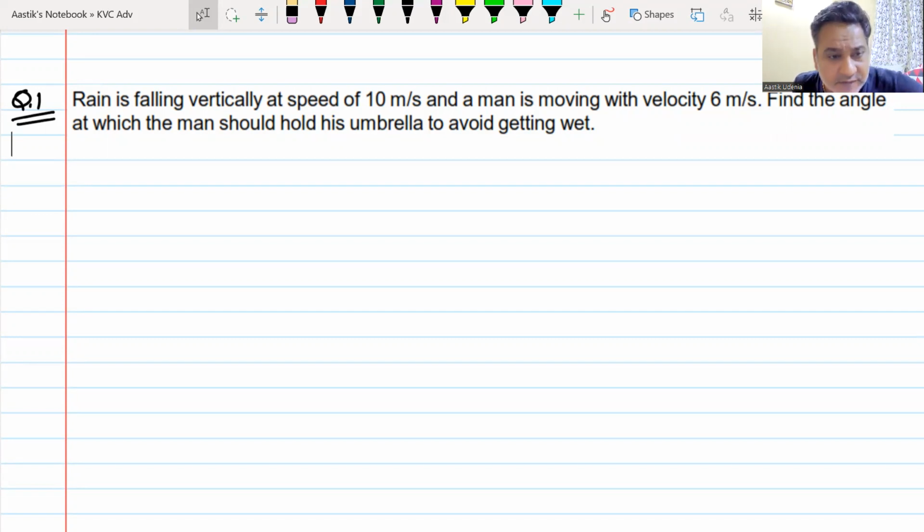Find the angle at which the man should hold his umbrella to avoid getting wet. And again, this angle is always with respect to the vertical. They have not told you this. You always find the angle with the vertical. Can you tell me the answer?